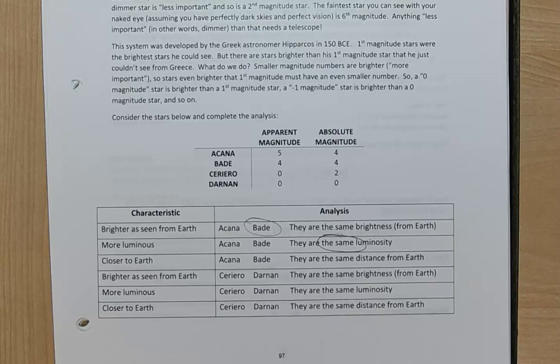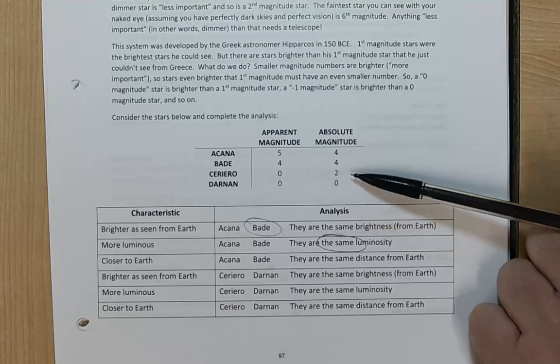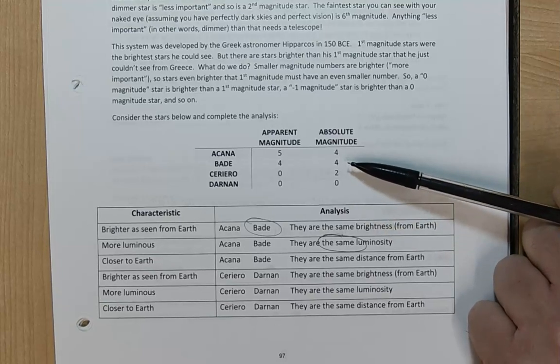Which one is closer to Earth? All right. Well, remember that the definition of absolute magnitude is how bright the star would look. What would its apparent magnitude be if it were 10 parsecs away? So for Bada, Bada's absolute magnitude is 4th magnitude.